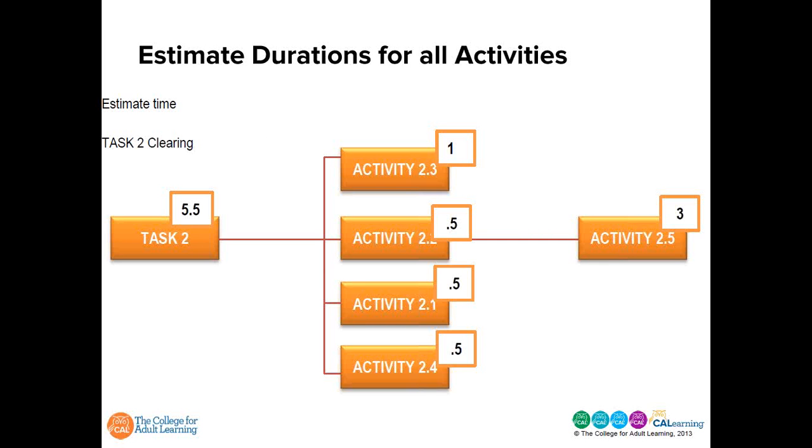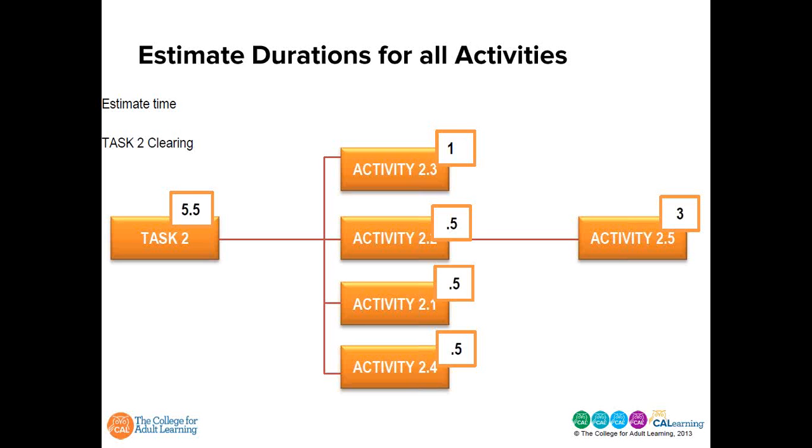So the total duration for the task of clearing the backyard, we can see under task 2, is 5.5 days. And then you can see how long each of the separate activities will take within that.